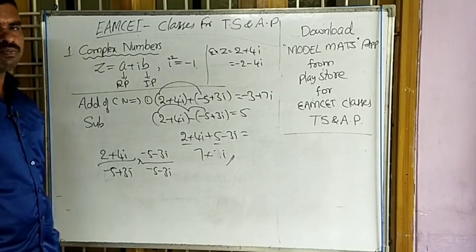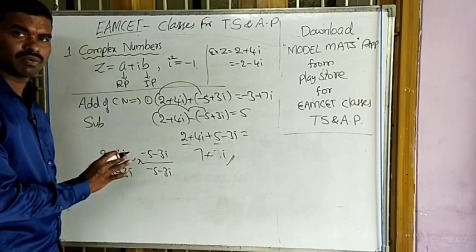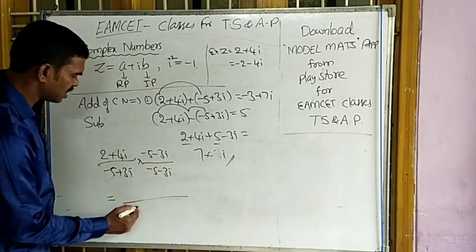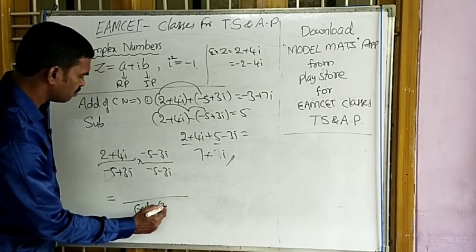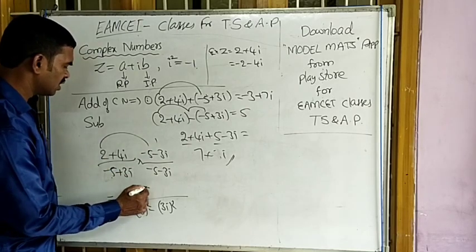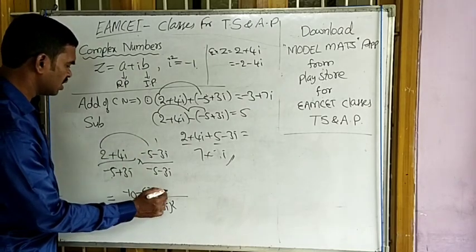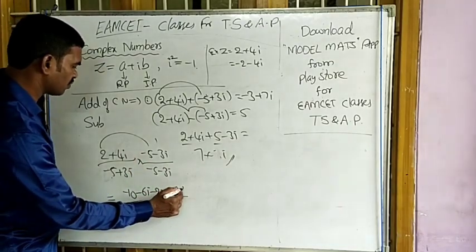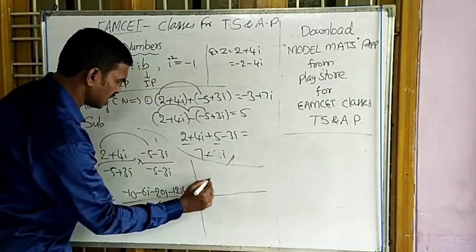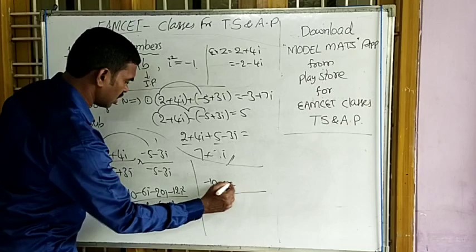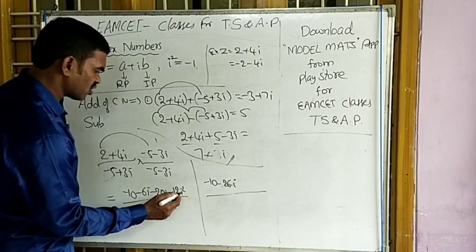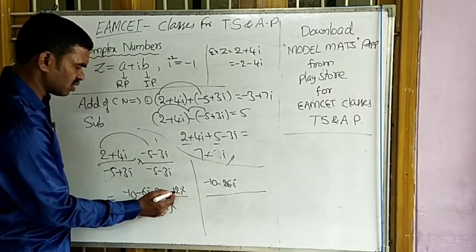Okay, see how the process will be done. A plus b into a minus b, a square minus b square. Numerator: 2 into -5 minus 10, 2 into minus 3i minus 6i, plus 4i into -5 minus 20i, minus 4 into -3 minus 12i square. This becomes minus 10 minus 6i, minus 6i minus 20i becomes minus 26i, I square value -1, -1 into -12 plus 12.